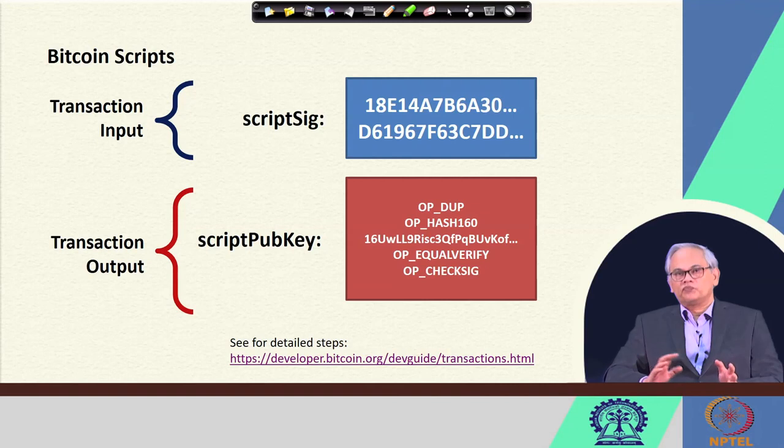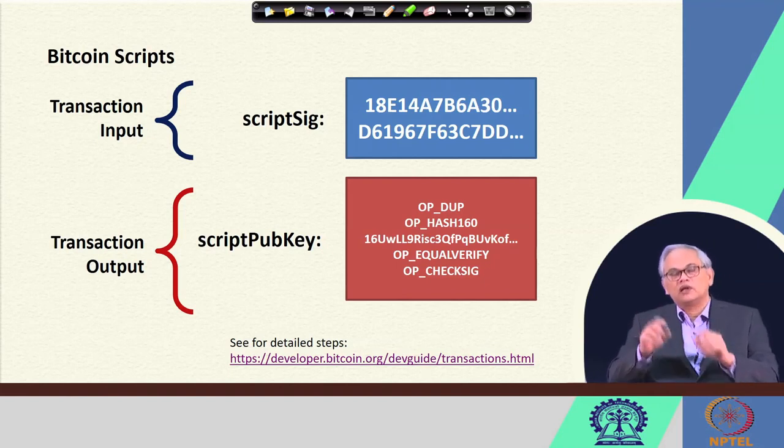Alice is outputting those 40 bitcoins to Bob. So, that is what is called the transaction output. And when this output is happening, then this script pub key is used. We will see what it means, what is written here, all these kinds of numbers and so on.